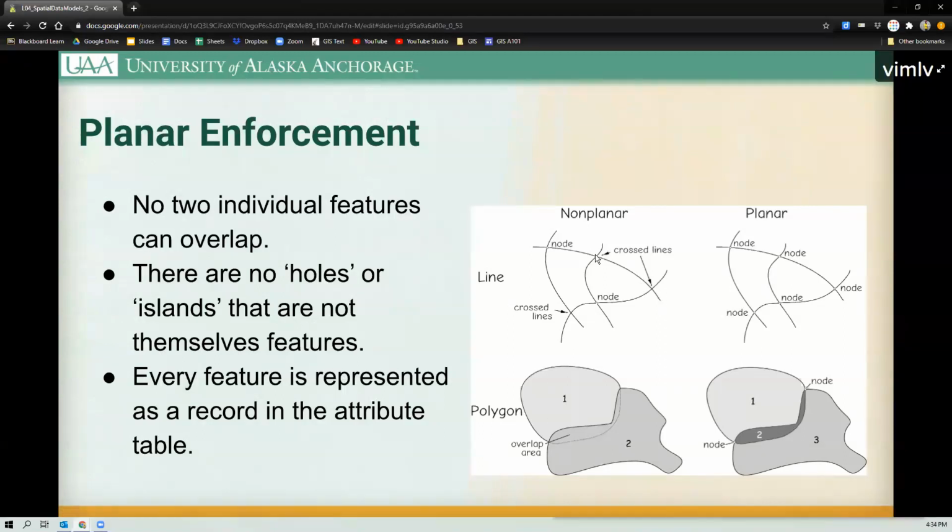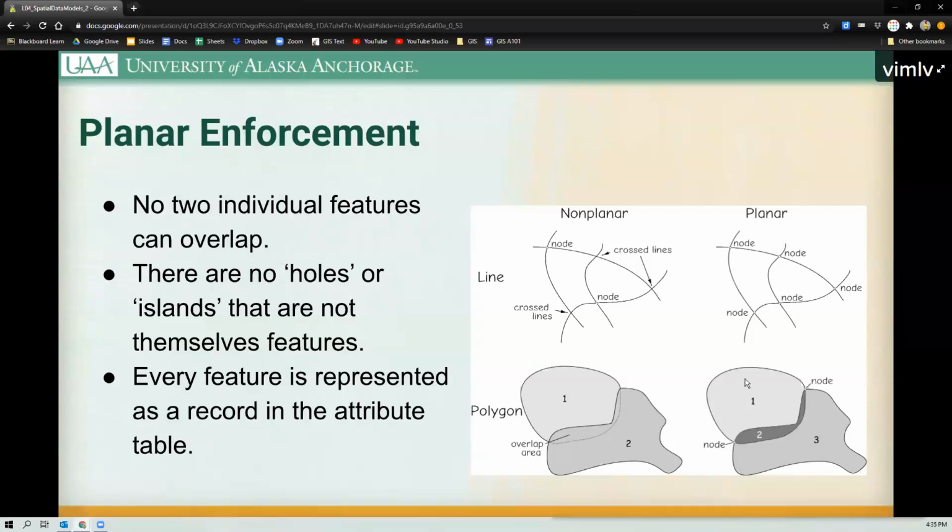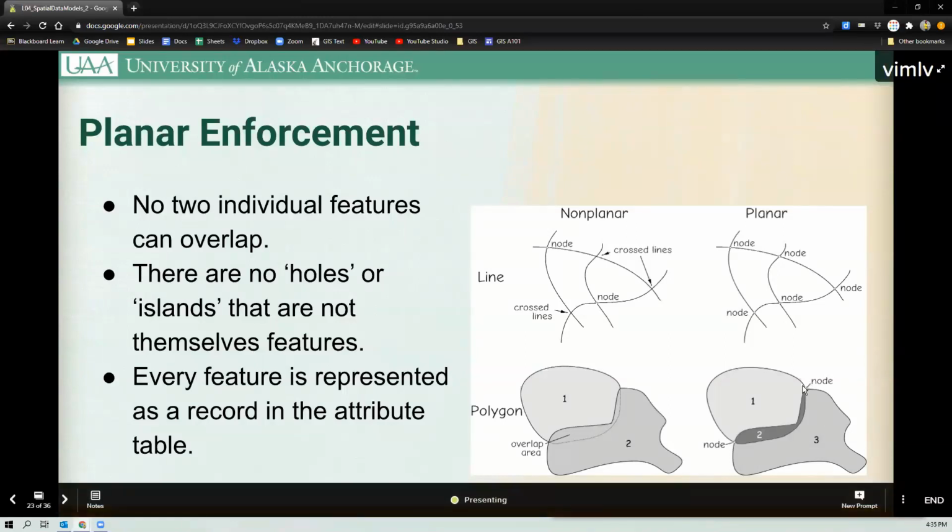It'll create a node at that intersection and therefore lock that into place. And then similarly with a polygon, you wouldn't have overlapping areas in a topology corrected system. You would have 3 different polygons, and the overlapping area would have its own features associated.